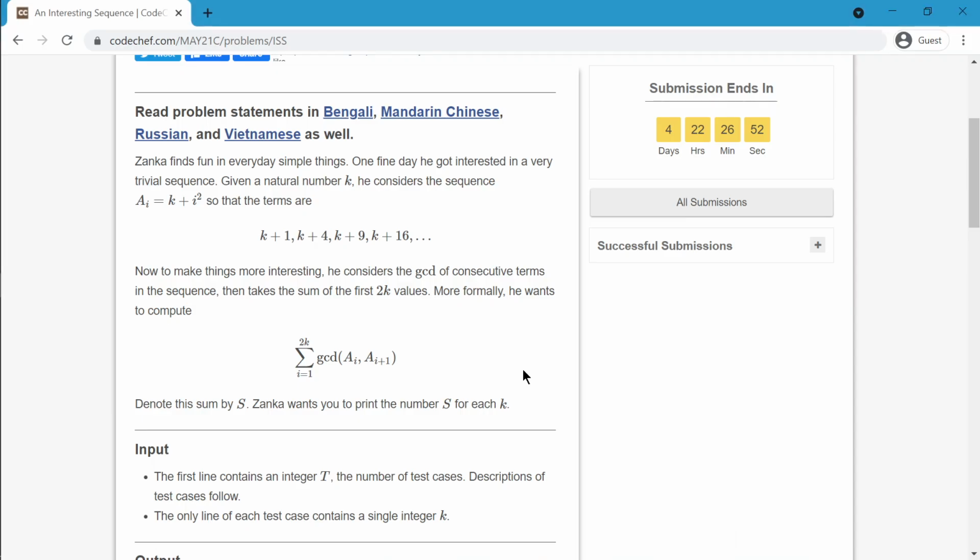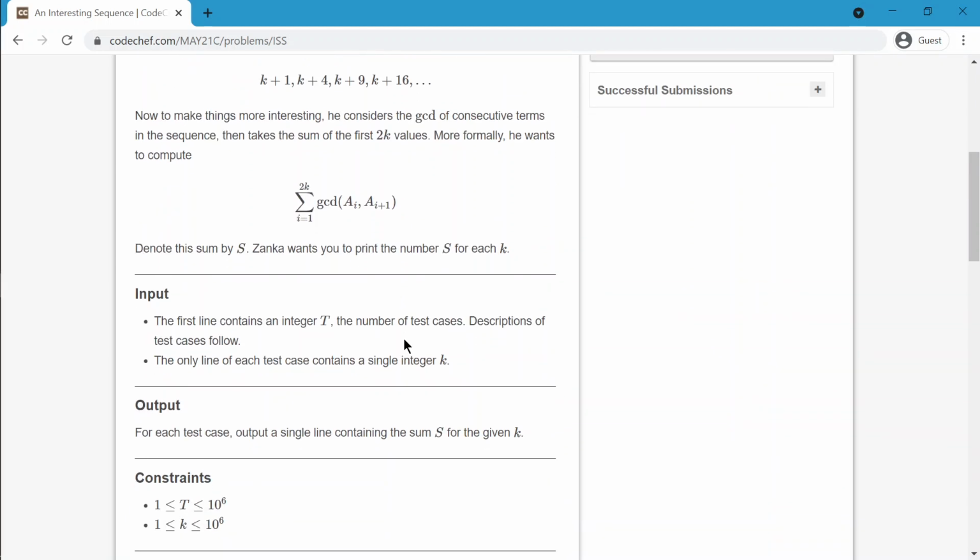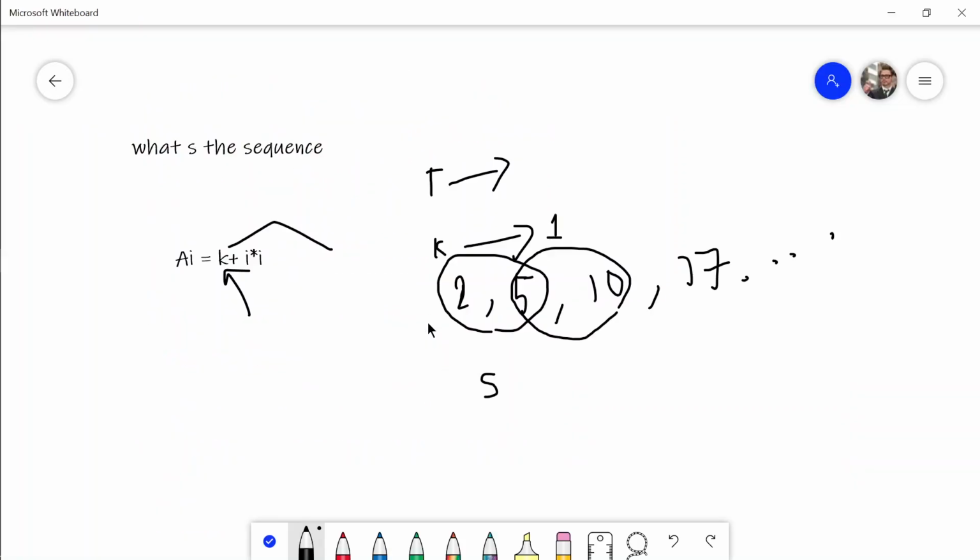Okay, it is as simple as that. One more thing: the sum you find after solving this problem, you have to return it modulo 10 to the power 9 plus 7.